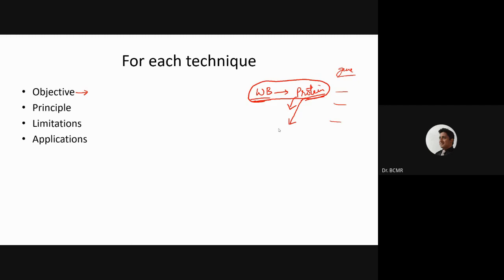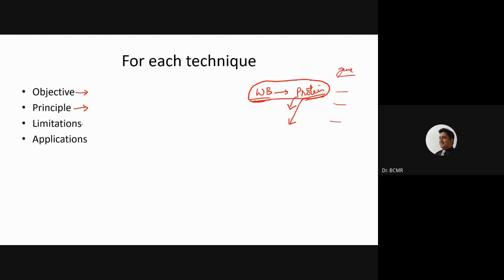And one should also know the principle. In Western blotting, for example, we use electrophoresis, blotting, then primary antibody, secondary antibody, and so on. And we also have a blocking step. So try to know all those things.